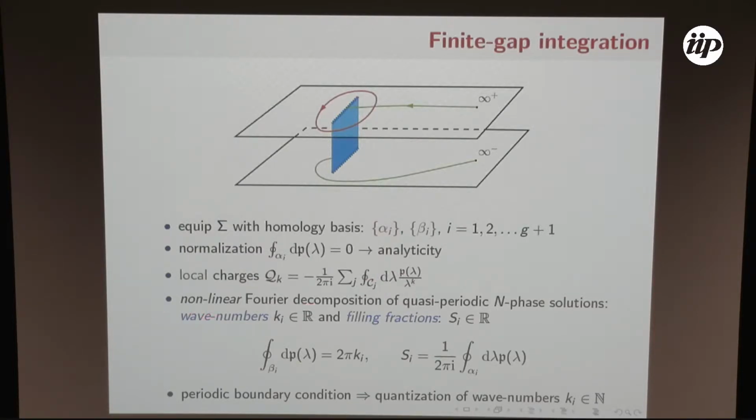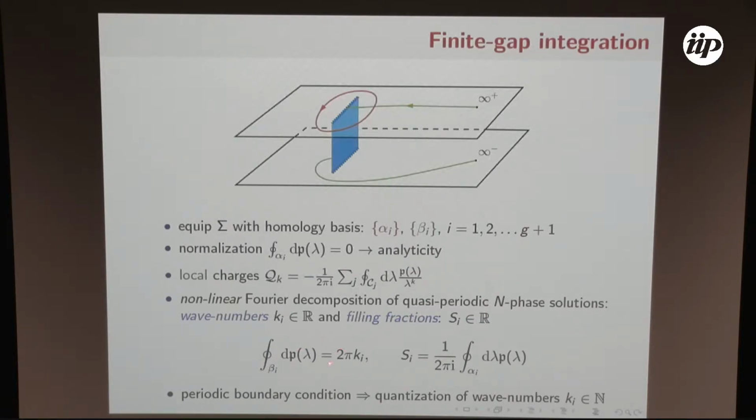I mentioned already before that one can see this as a nonlinear version of the Fourier transform, where if you have some periodic or quasi-periodic solution which contains n interacting phases, you will have n many wave numbers k and n many so-called filling fractions s. The wave number is, as you imagine, like in linear equations, except that these wave numbers are now associated to some nonlinear waves, basically elliptic or hyperelliptic waves.